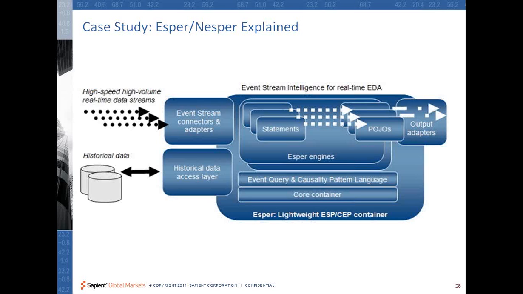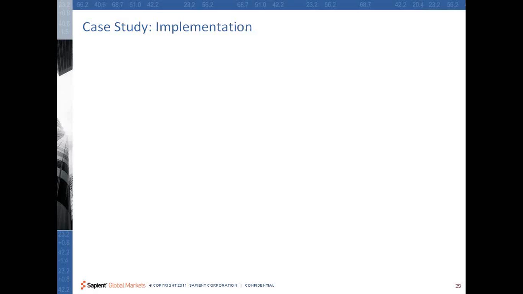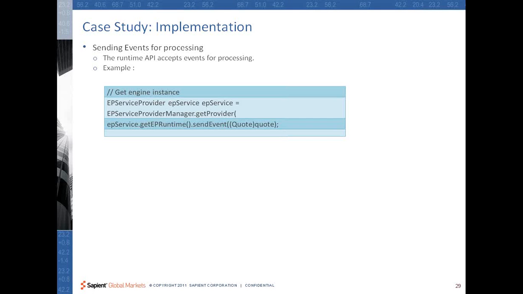There is a lot of work it is doing in memory, and the best part is that it has a very high throughput, and the number is quite high. I should give you the number. It is around 10,000 to 200,000 events per second. Isn't it something really great? So let's jump directly into the implementation part.